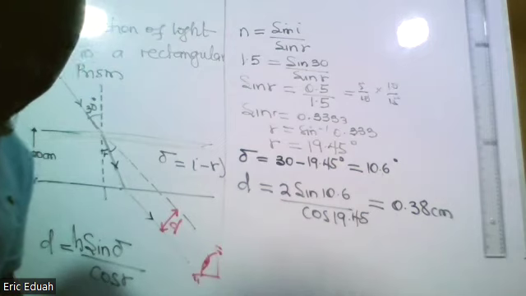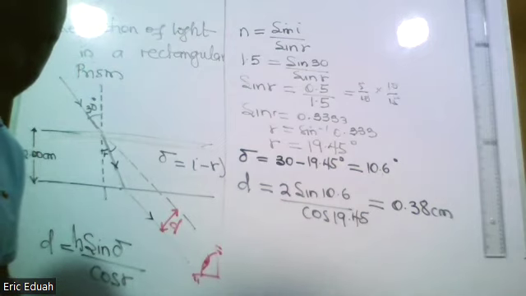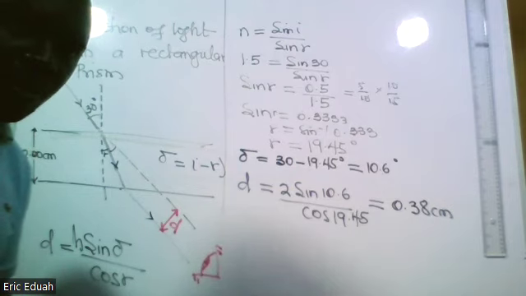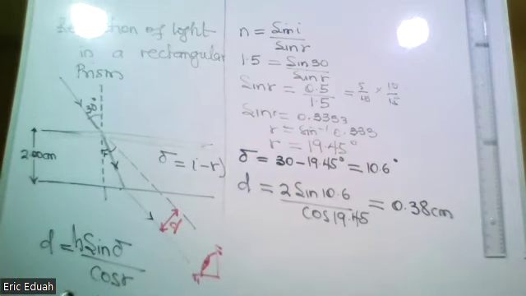Sir, please, we can use the other formula for refractive index, which is the speed of light in the first medium over the speed of light in the second medium. Then we know that velocity is equal to distance over time, and here our distance is h. So we just make t the subject.